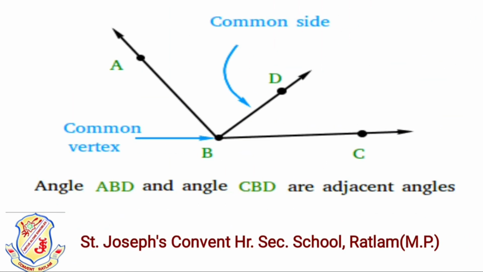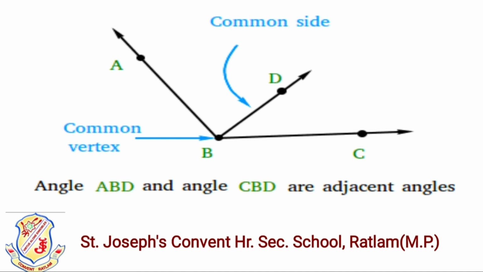For example, in this figure, you can see angle ABD and angle CBD. Both are adjacent angles. Why? Because they share a common vertex, that is point B. B is the common vertex for both angles, and they also share a common side, that is BD.